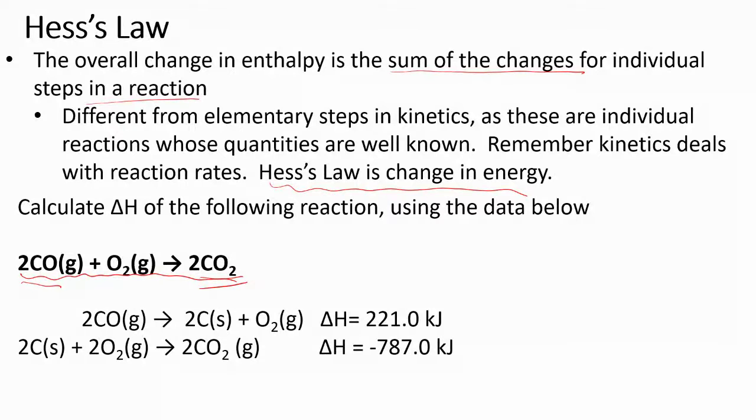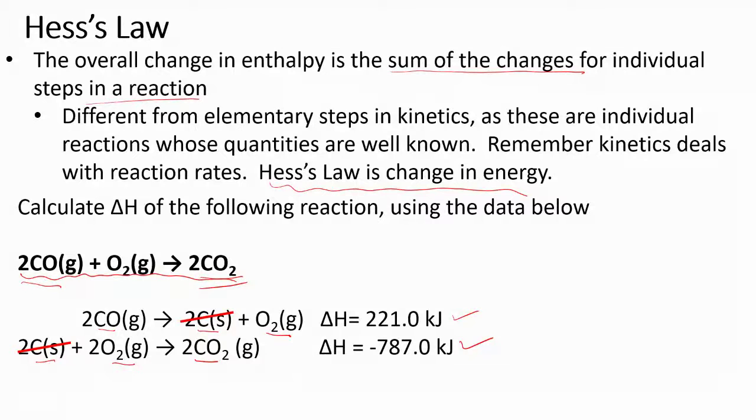Now, this is a two-step process, and so the elementary steps have been provided below with the delta H value of each of those processes. Now, you'll notice that carbon monoxide becomes solid carbon and oxygen gas, and then this carbon and oxygen gas become carbon dioxide. So, how are we going to do Hess's law?